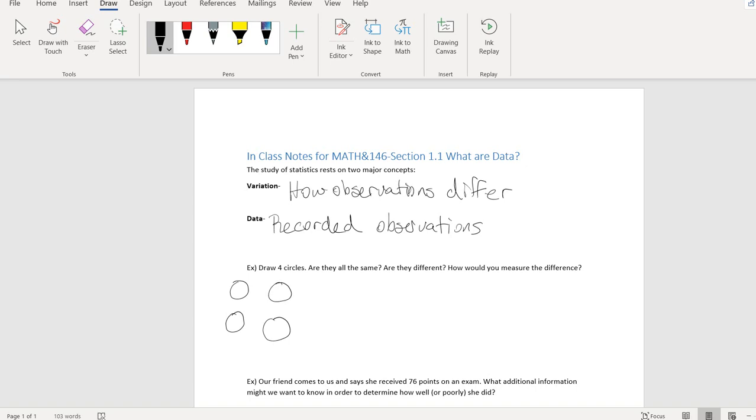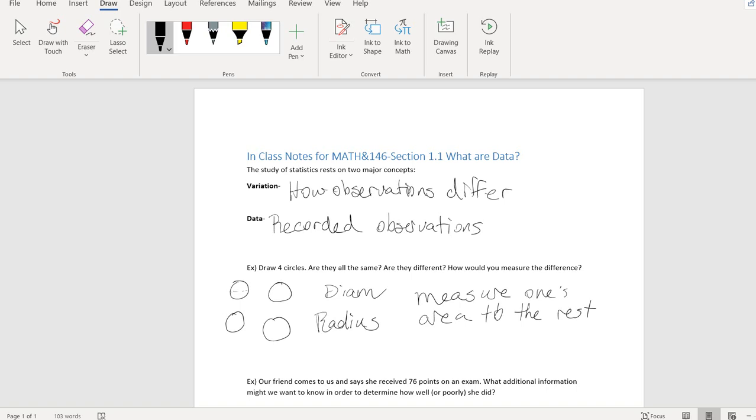One of the ways that we can measure how these circles are different or the same is by looking at their diameter or looking at their radius. And there's a couple of other things we could do. We could measure one's area to the rest.